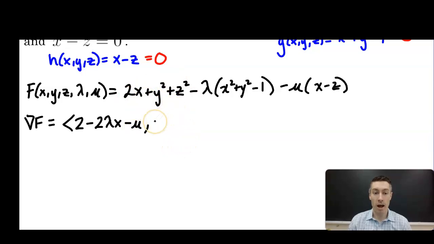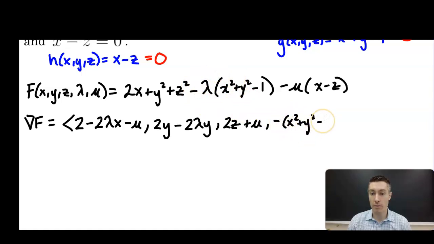Then with respect to y, we have 2y minus 2 lambda y, and then no mu term. And then we have 2z, no lambda term, and then plus mu, negative 1 times negative mu. And then with respect to lambda, that would be the negation of x squared plus y squared minus 1. And with respect to mu, negation of x minus z.